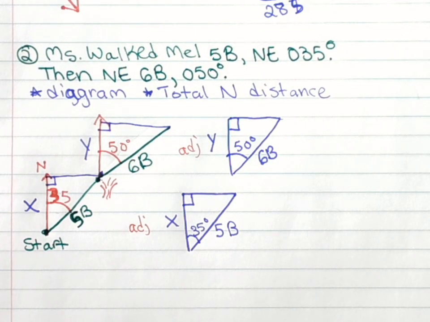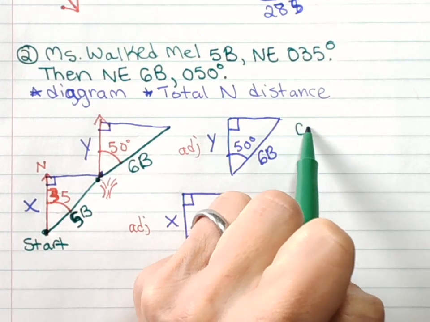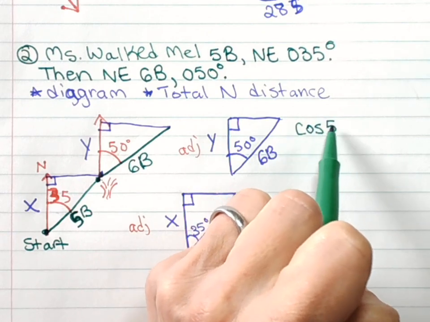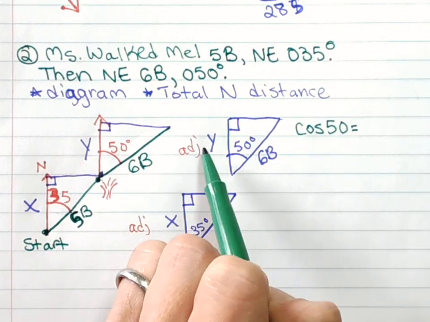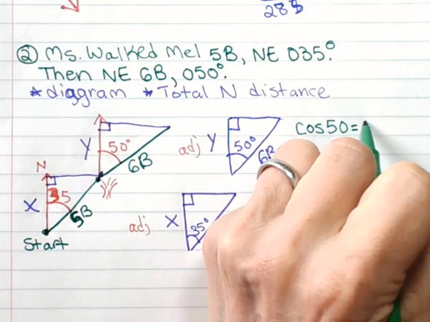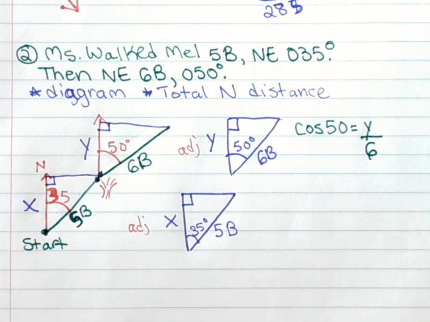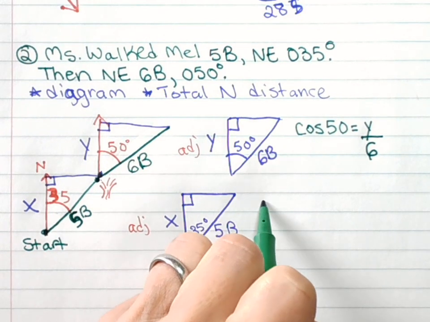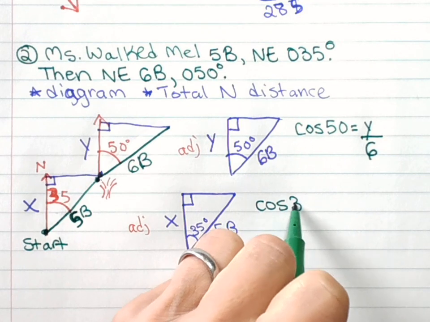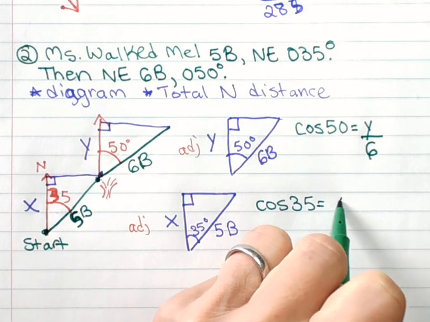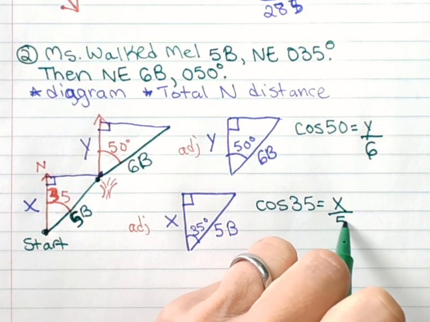And so we are working with cosine. So we have the cosine of 50 degrees is equal to the adjacent side over the hypotenuse. And then we have the cosine of 35 degrees equal to x over the hypotenuse.